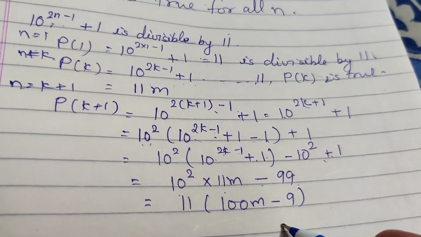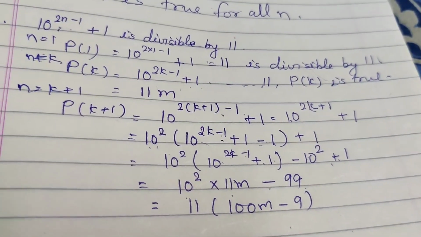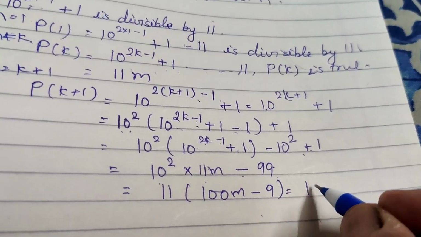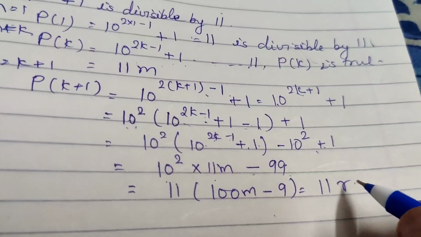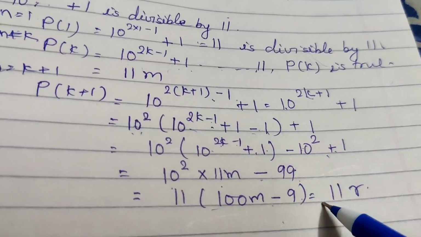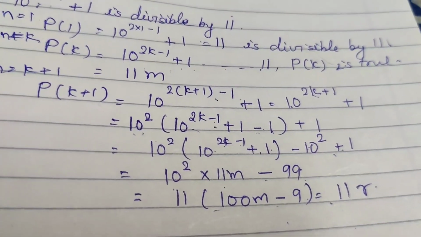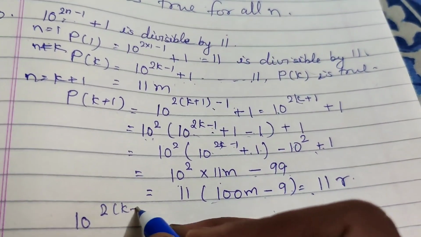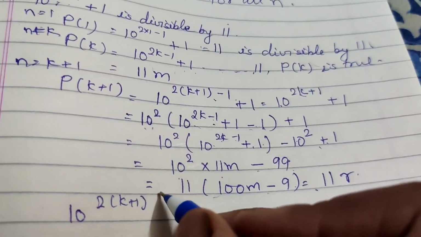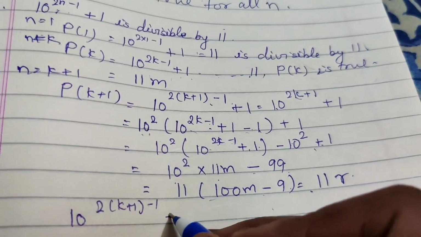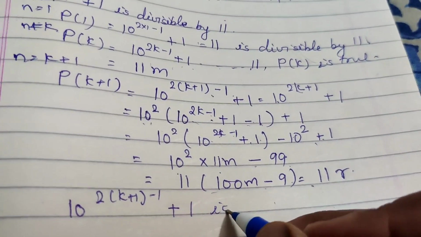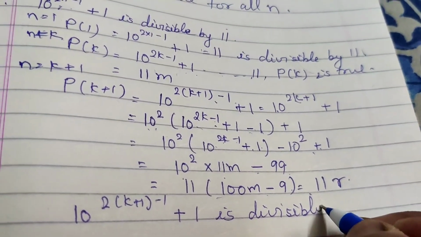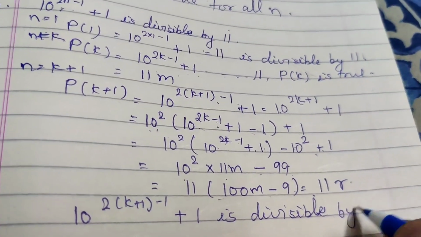Clearly it is divisible by 11. So we can write it is 11r. 11r means multiple of 11. Okay. Now 10 raised to power 2 times k plus 1 minus 1 plus 1 is divisible by 11.